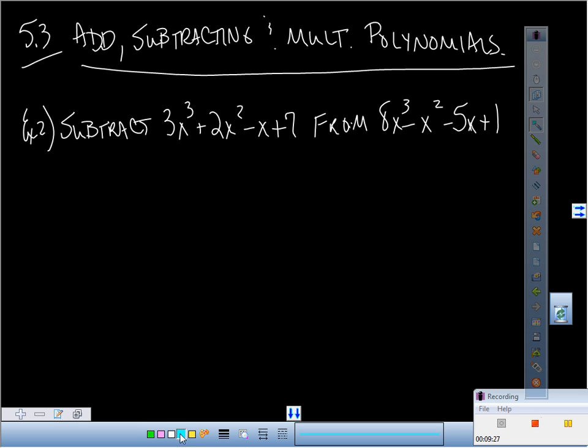The first thing I want to address: who goes first? If you're going to take this one from this one, then this guy has to go first. You can't take that from him if he's not standing up there first. So, 8x to the 3rd minus x squared minus 5x plus 1 minus.